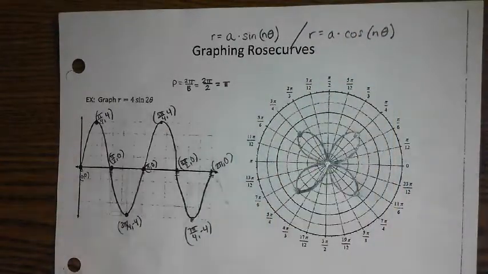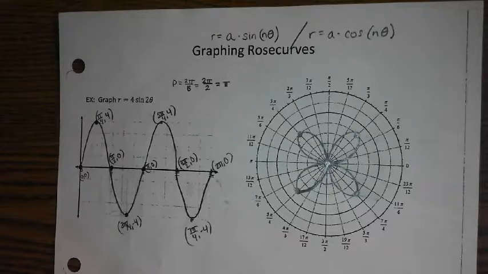So anything that's of that format will be a rose curve. Limaçons had their own kind of format yesterday as well. Okay?